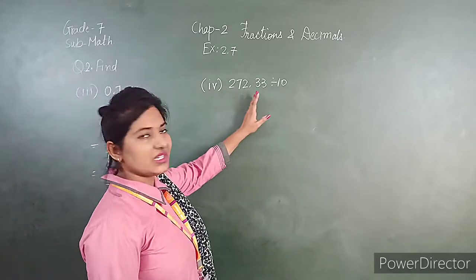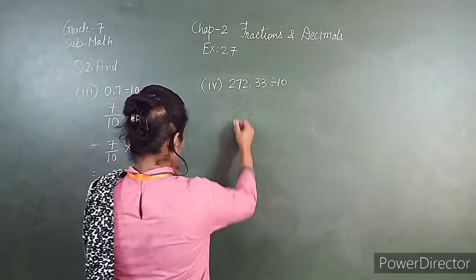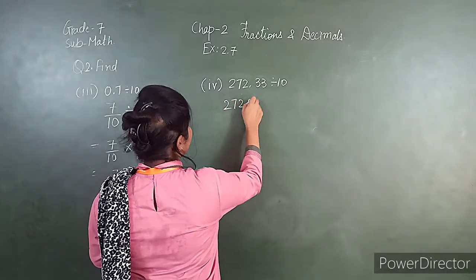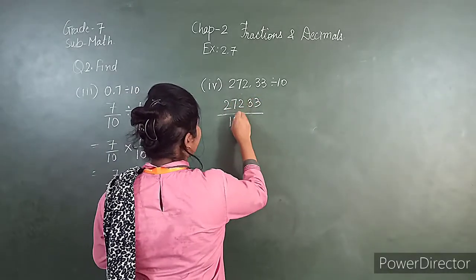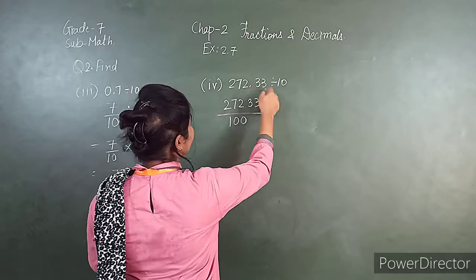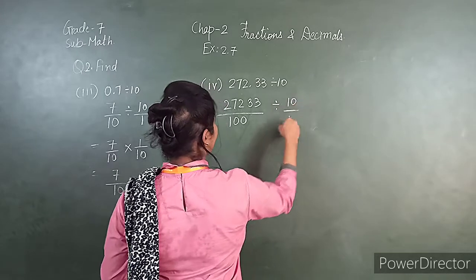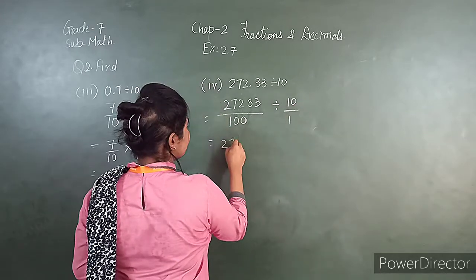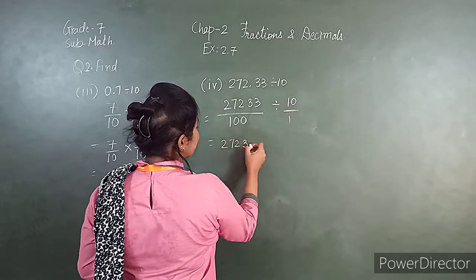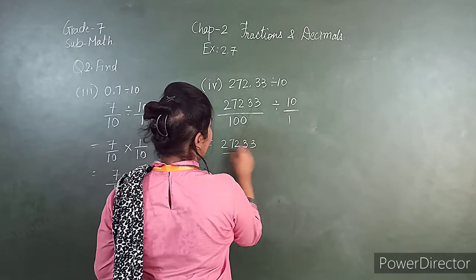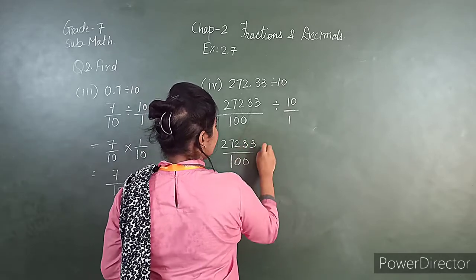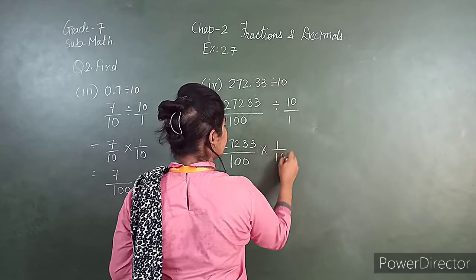Now 272.33 divided by 10. So here if we remove this point, then we have to write 100 in the denominator because after the point 2 digits are there. Divide by 10 upon 1. 27,233 upon 100. If we change this sign, then we have to write the reciprocal.